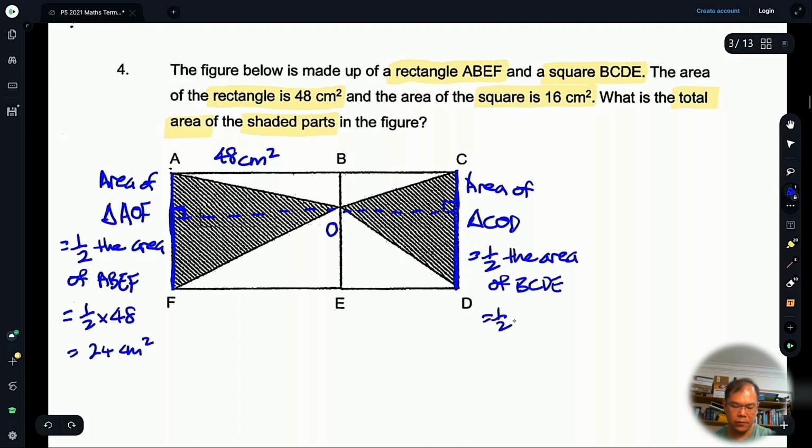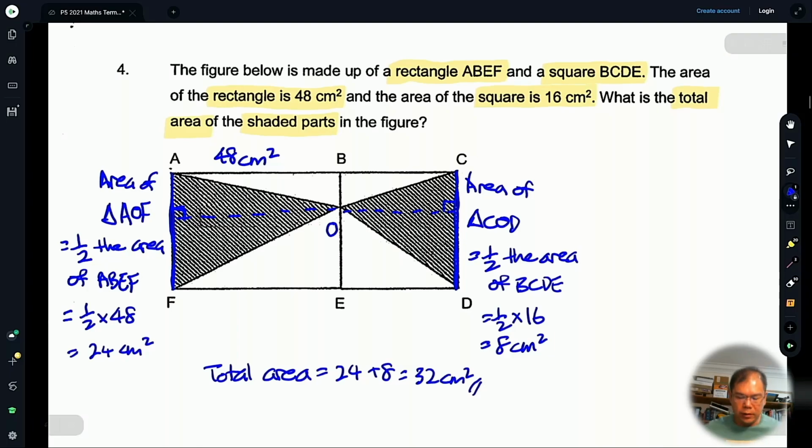So half of 16, that will be 8 square centimeters. So now I can find the total area. So total area of the shaded parts will be 24 plus 8, that is 32 square centimeters.